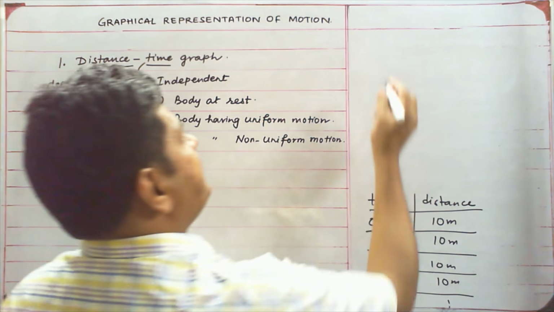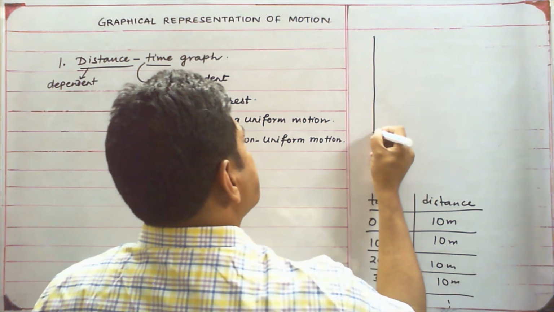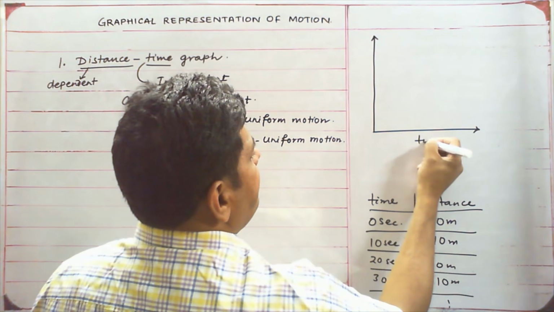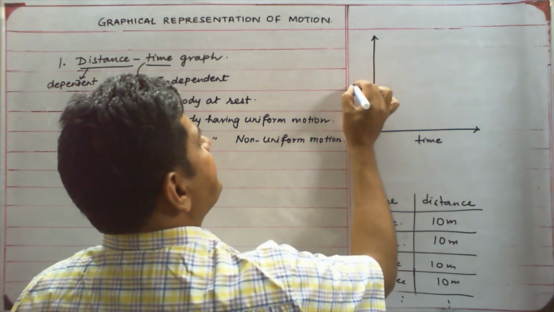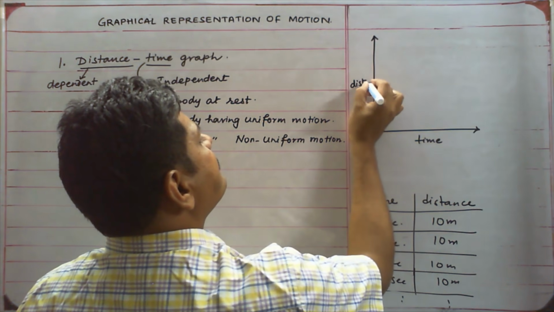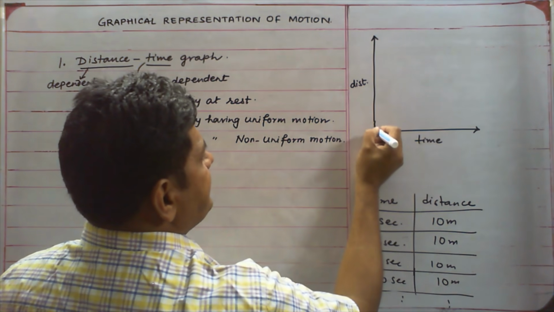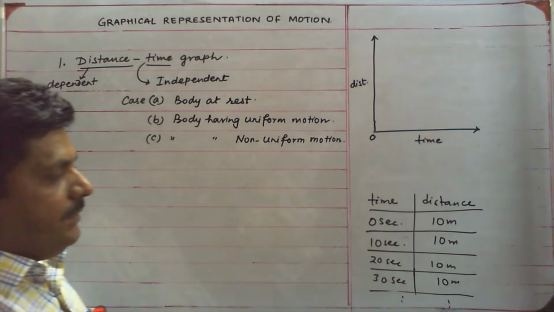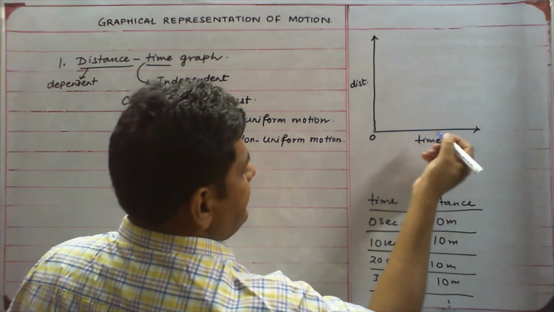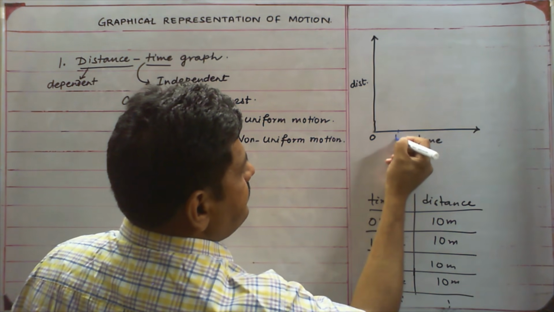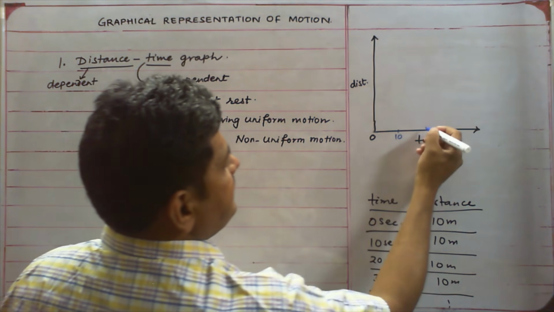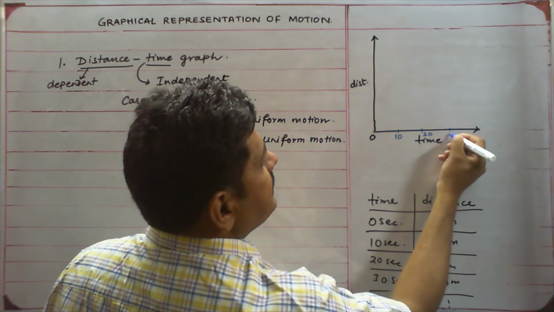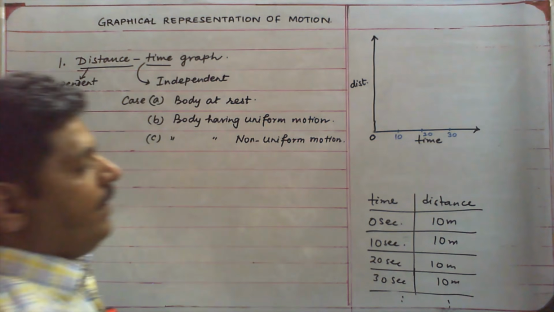We take the distance and time. This is time, this is distance, and this is the origin O. So we have got time 0 seconds, then 10 seconds, 20, and 30 seconds.